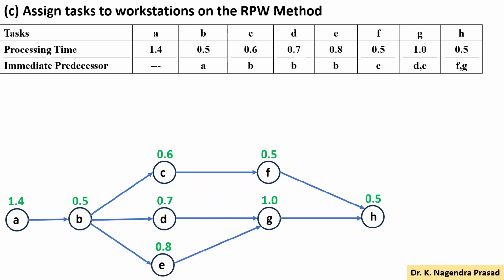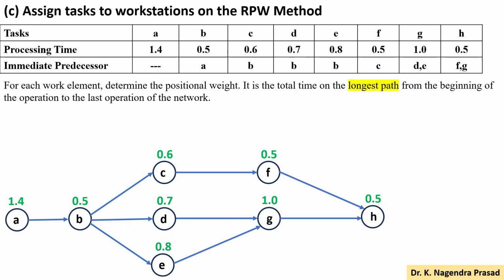The next question is to assign tasks to workstations using the RPW method. In the RPW method, for each task we have to determine the positional weight. Positional weight is the total time on the longest path from the beginning of the operation to the last operation of the network.